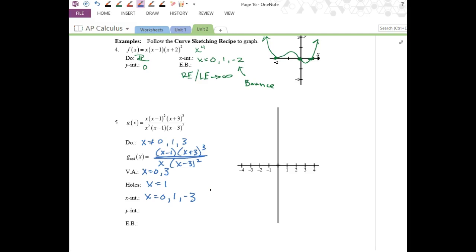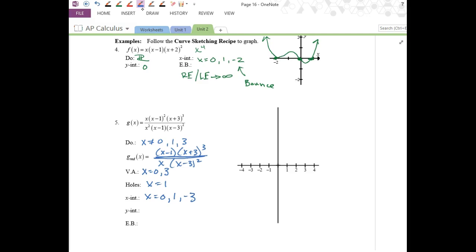I could think 1 is going to have a bounce. No, it's not. I lied, because it's simplifying, because there was a 1 on the bottom. There's not a bounce. But 3 is odd, so wouldn't there be a bounce at 3, like x plus 3?